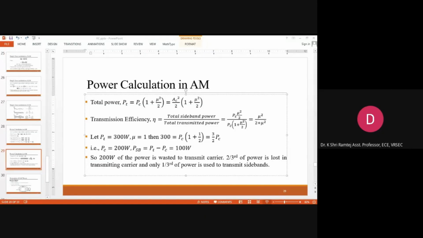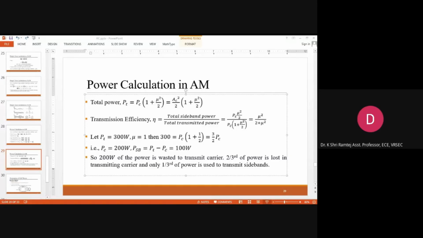So the total sideband power will be PC mu squared by 2, and the total transmitted power is PC into 1 plus mu squared by 2. Cancelling the PC values and simplifying, the transmission efficiency will be equal to mu squared upon 2 plus mu squared.